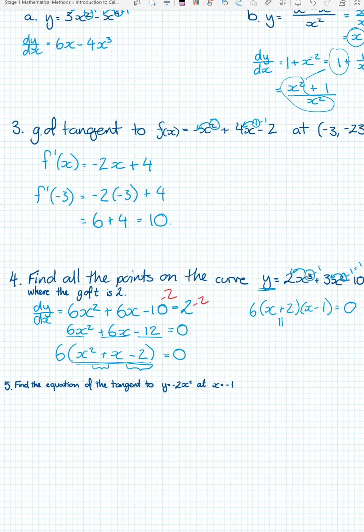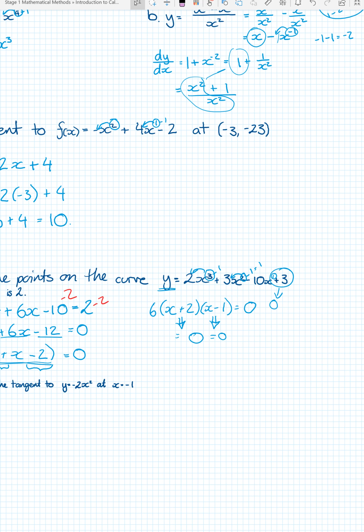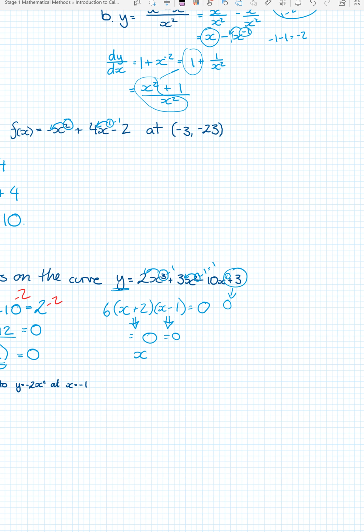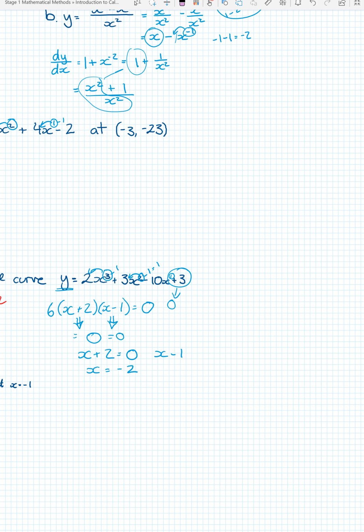So now we're going to set both of these equal to 0, because in either case our outcome will be 0. So if x plus 2 equals 0, then x equals minus 2. And if x take 1 equals 0, then x equals 1.